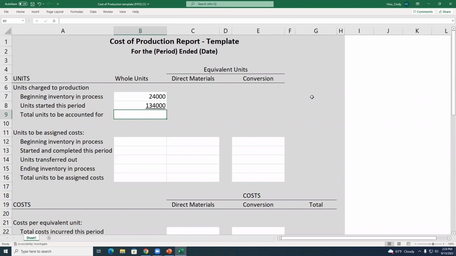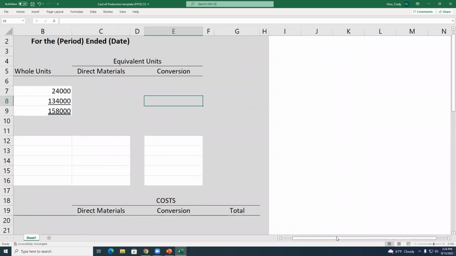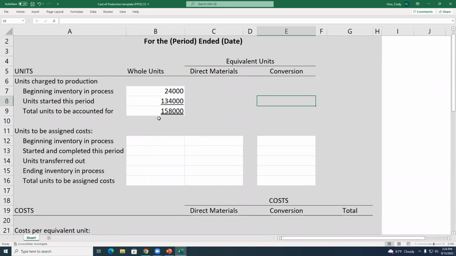So if I add those together, it's a total of 158,000 units that we were working on at some point during the month.